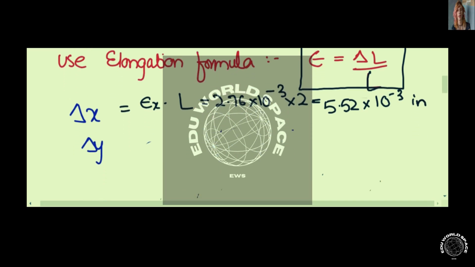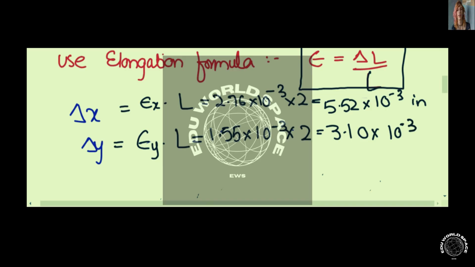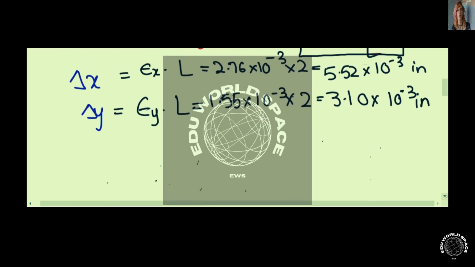And the change in y is equal to epsilon sub y, the strain in the y direction, times L. That is equal to 1.55 into 10 raised to power negative 3 into 2, and that is equal to 3.10 into 10 raised to power negative 3 inch.